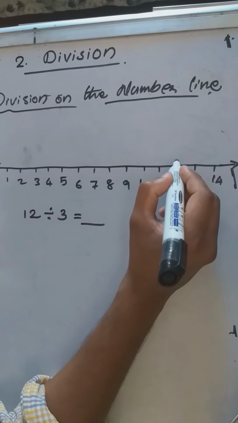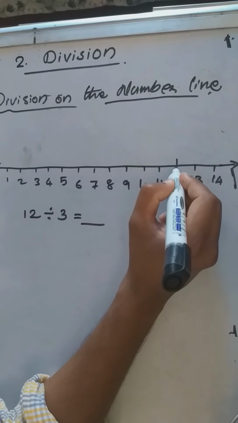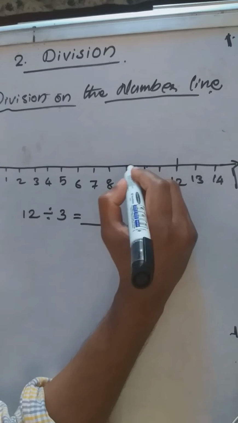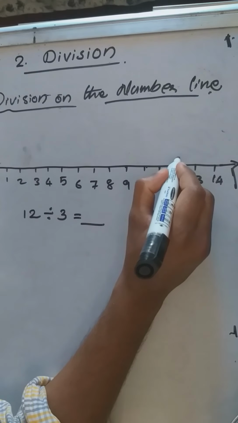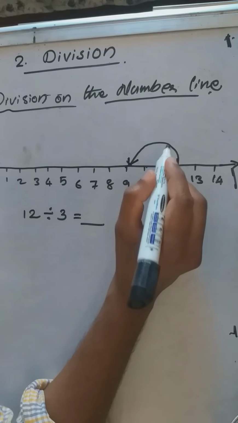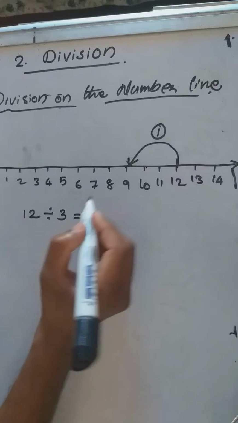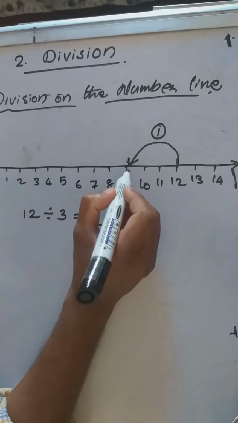Here on the number line we can mark 12, and from 12 we have to subtract 3, isn't it? 1, 2, 3 units. When we move 3 units towards the left, we will reach 9. Okay, so first time we subtracted, again we have to subtract one more time.